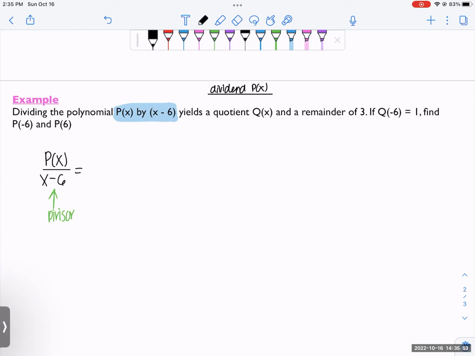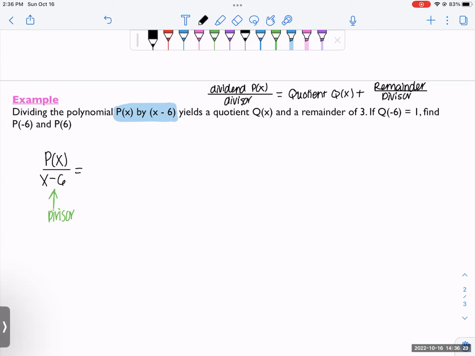That gets divided by a divisor, in our case x minus 6. And that's equal to the quotient, q of x, plus the remainder over the divisor.